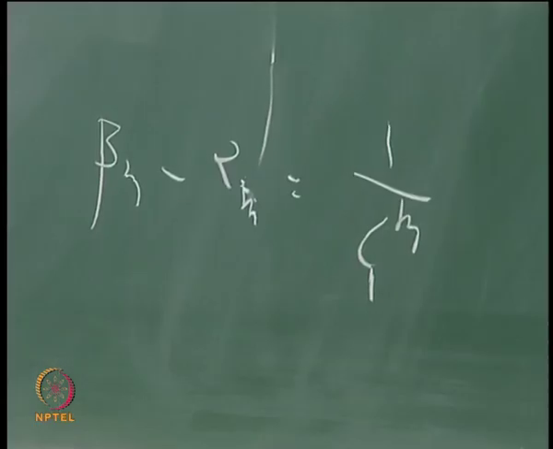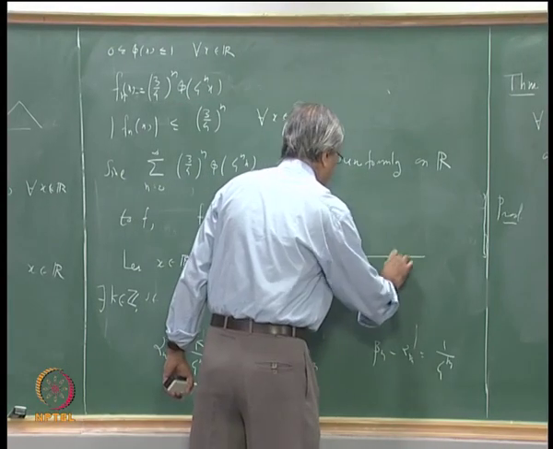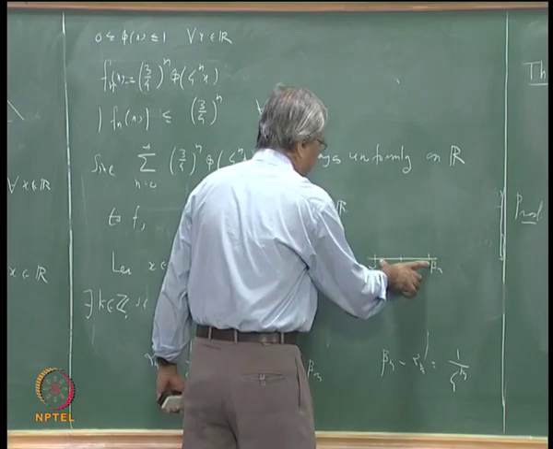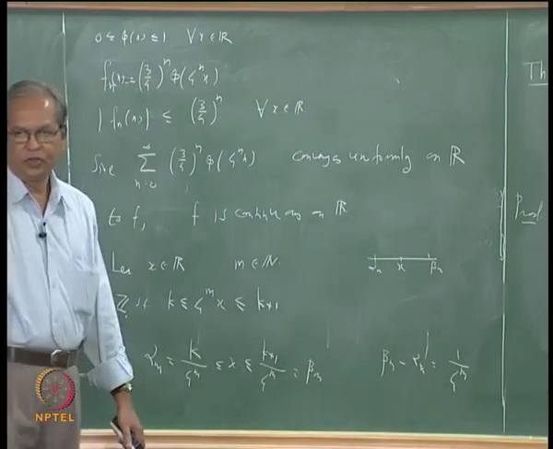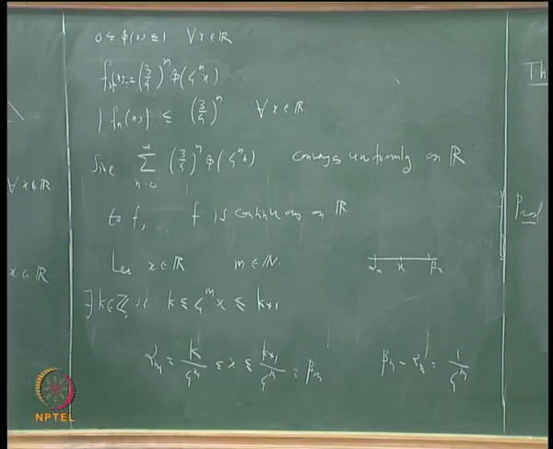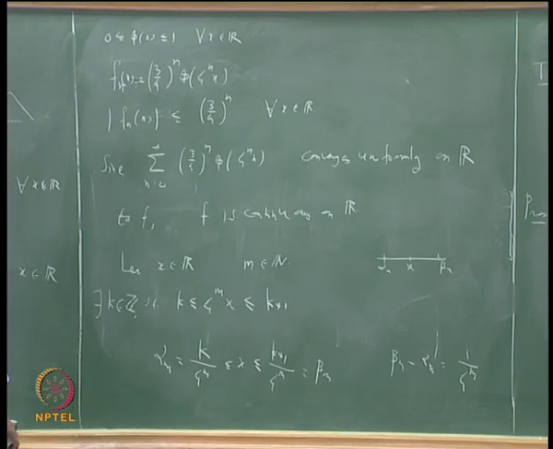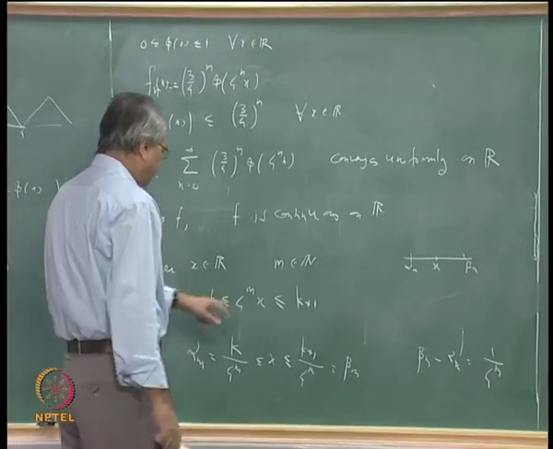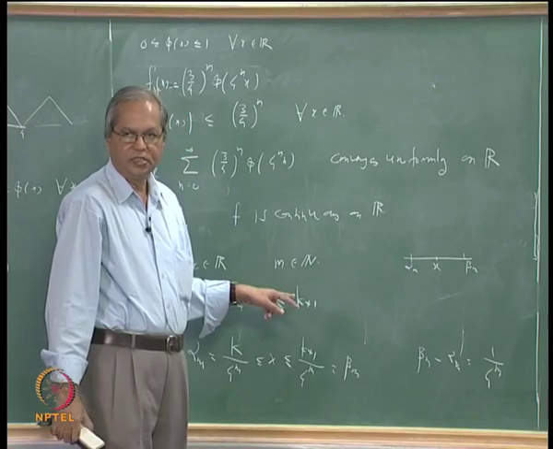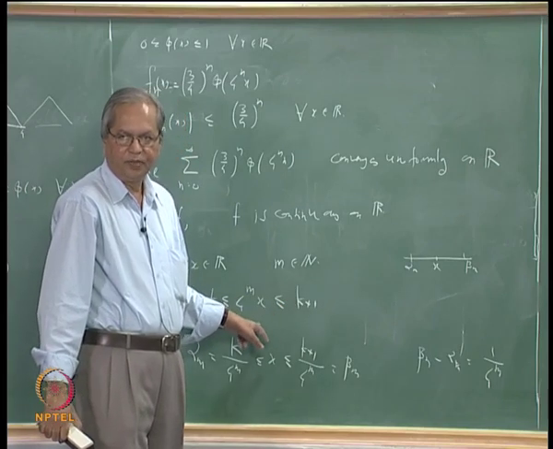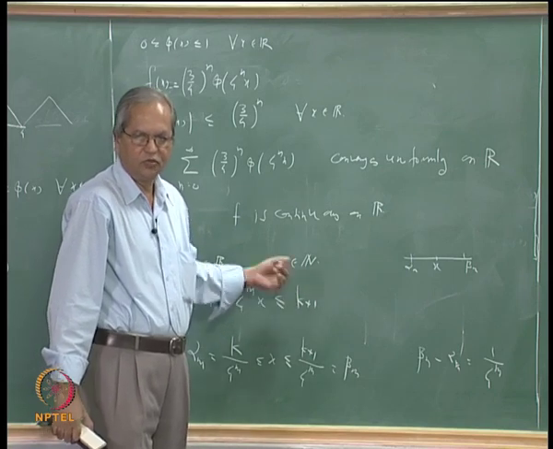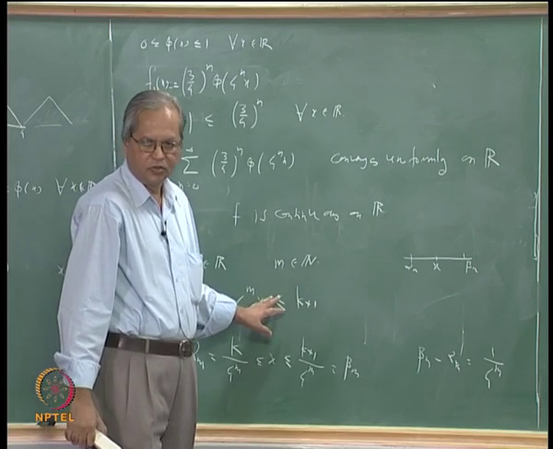That means x is in this interval alpha m to beta m, and the length of this interval is shrinking and going to 0. So alpha m also goes to x and beta m also goes to x. So finally, to show that f is not differentiable at x, what we need to show is that f of beta m minus f of alpha m divided by beta m minus alpha m is not a convergent sequence, or does not converge to anything, and that will mean that f is not differentiable.